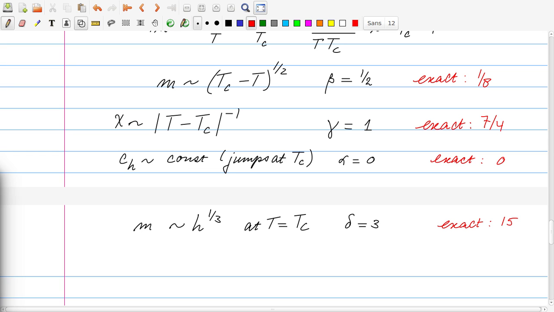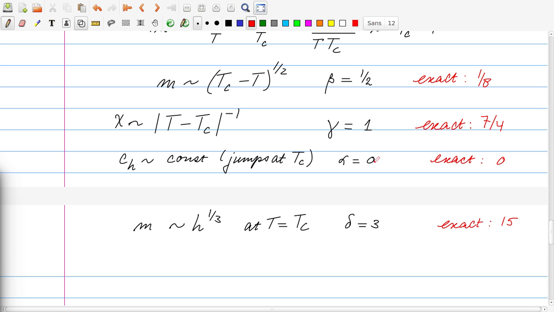The other exponents can be calculated in an analogous way, and we find then for the magnetic susceptibility that it scales like T minus Tc to the power minus gamma. This exponent is called gamma, so we find gamma as 1, which in the exact solution turns out to be 7 over 4. The specific heat makes a jump at Tc, and it goes like T minus Tc to the power of an exponent alpha.